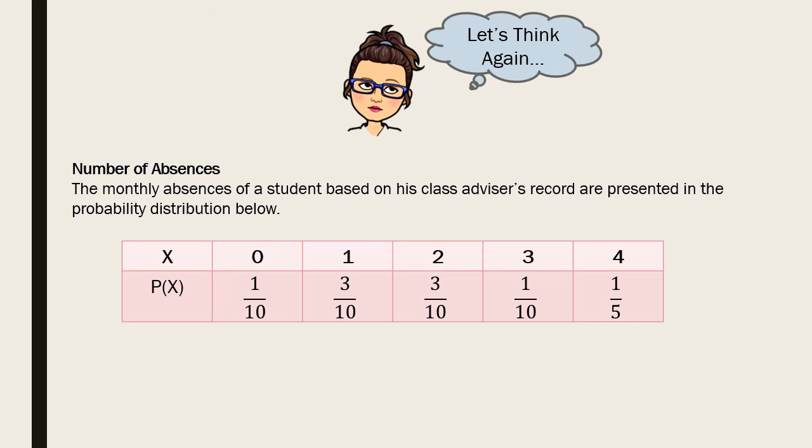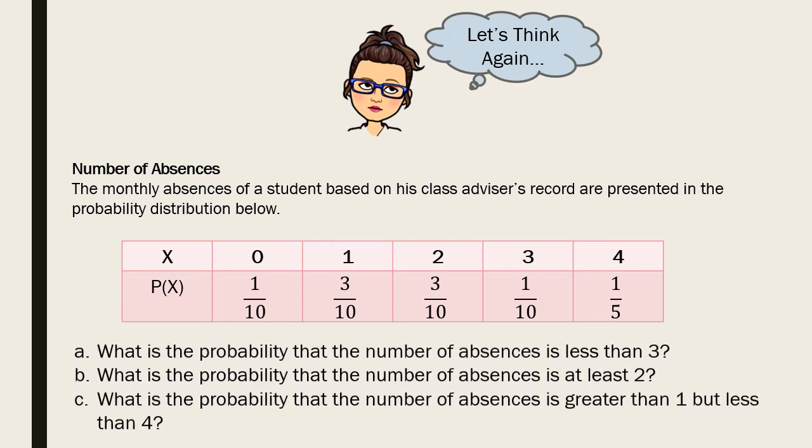Ang probability niya ay 1 over 10. Kapag isa naman, 3 over 10, pag dalawa, 3 over 10, pag tatlo, 1 over 10, and pag apat, 1 over 5.